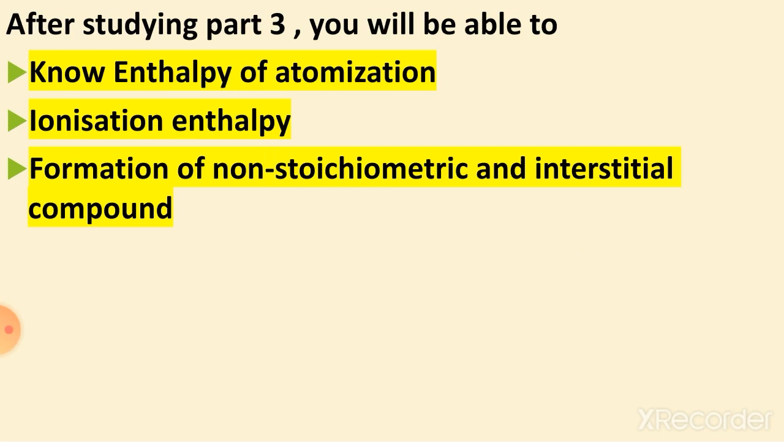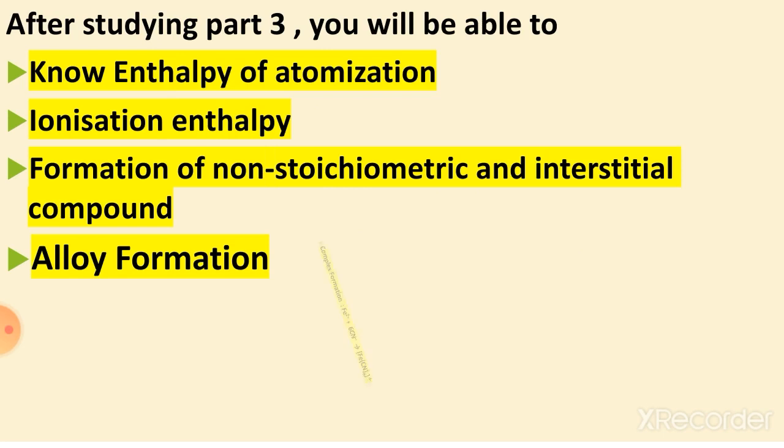If any small size elements are inserted in those voids, then the compound is known as an interstitial compound. Then I will tell you about alloy formation. That means if the difference in atomic radii is within 15%, one metal can replace the other metal and form an alloy. So this is also discussed here.